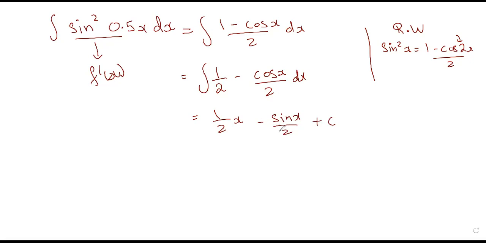This 2 would come as it is, and the integral of 1 by 2 is x. So is it clear? Yes. Are you sure? Because then we'll be moving on to our new topic, that is 5.4. So just ask me. It's clear, it's fine. Okay, very good.